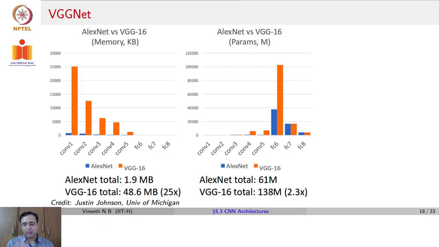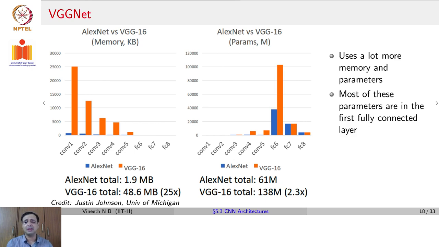While the choice of 3 cross 3 by itself reduces the parameters, they added up because of later layers, the depth, the fully connected layer, so on and so forth. It uses a lot more memory and parameters, and as we saw, most of these parameters are in the first fully connected layer. Most of the memory, as we saw earlier, is in the early convolution layers because that's when you need the maximum number of neurons to contain all of those feature maps.